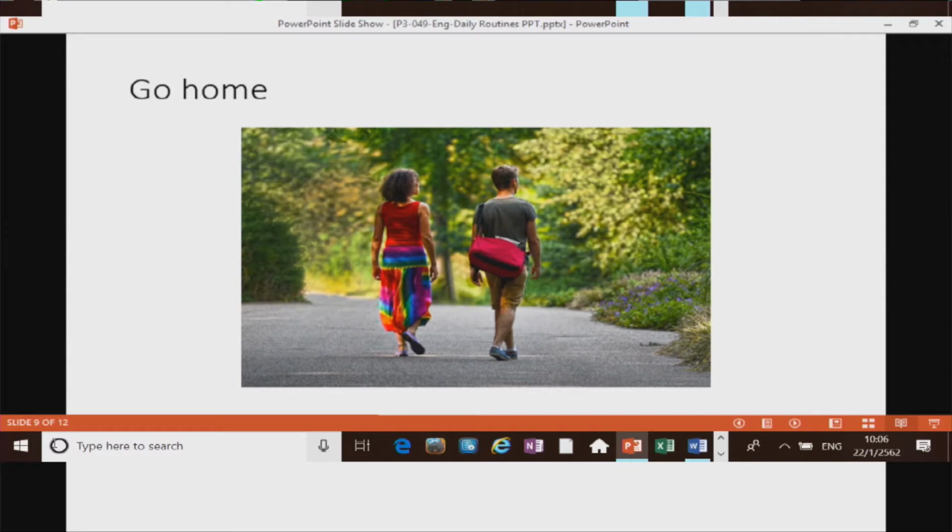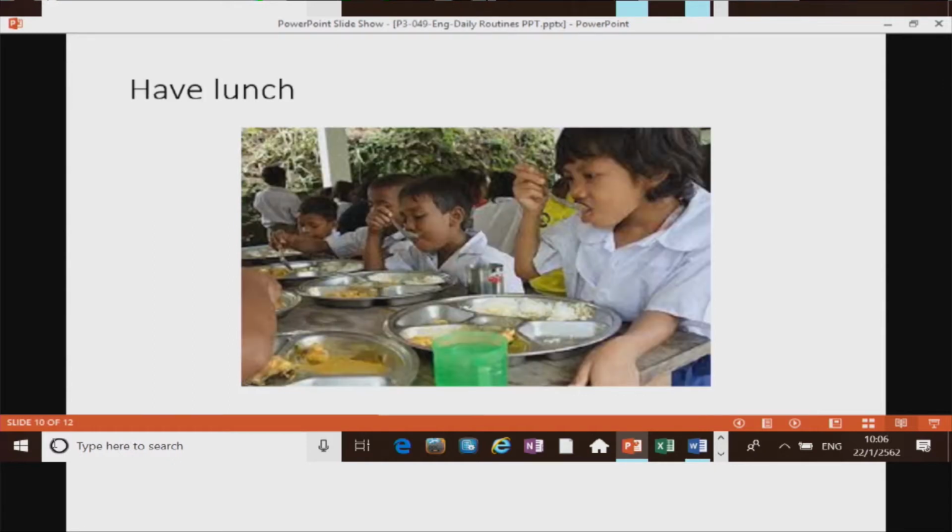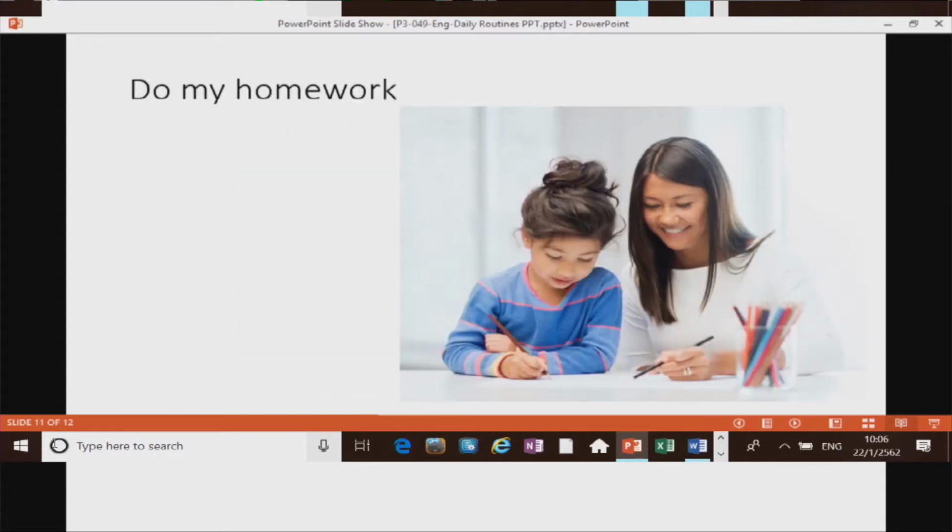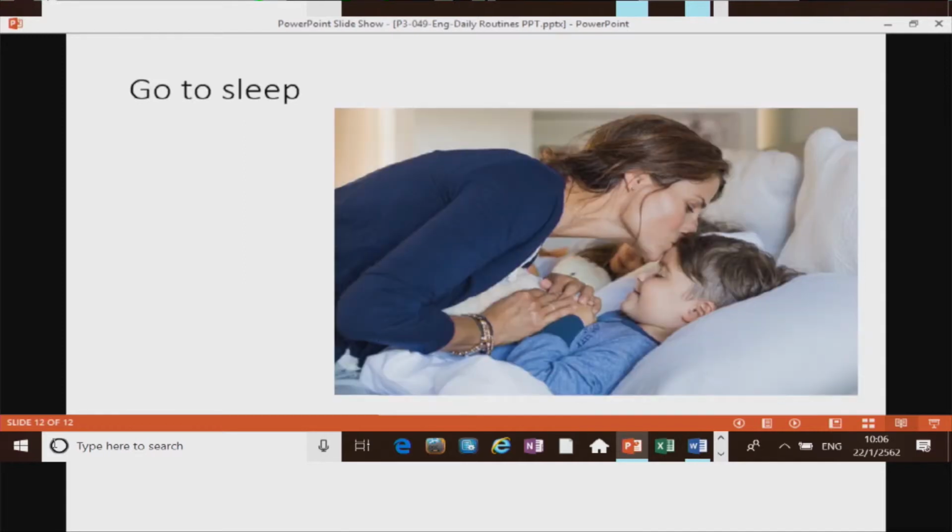Go home. Eat lunch or have lunch. Have also means eat. Have breakfast, eat breakfast. Have lunch, eat lunch. Do my homework. Go to sleep. Any questions, guys? No. Excellent, well done.